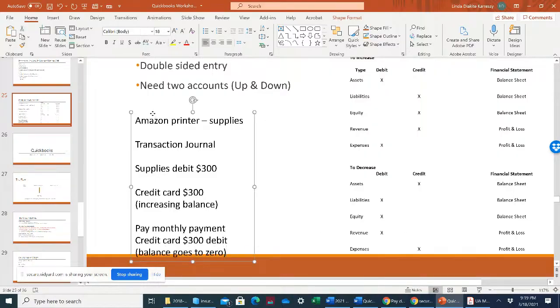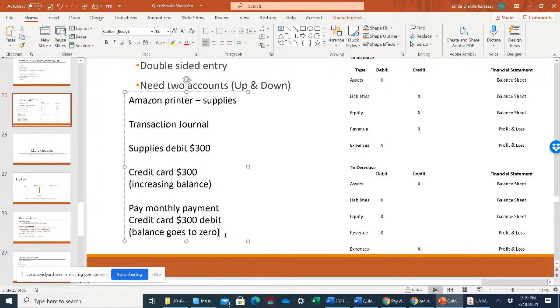And then the offset of that is saying we pay that out of our checking account, so this is going to be a credit. Now cash has decreased because we paid.